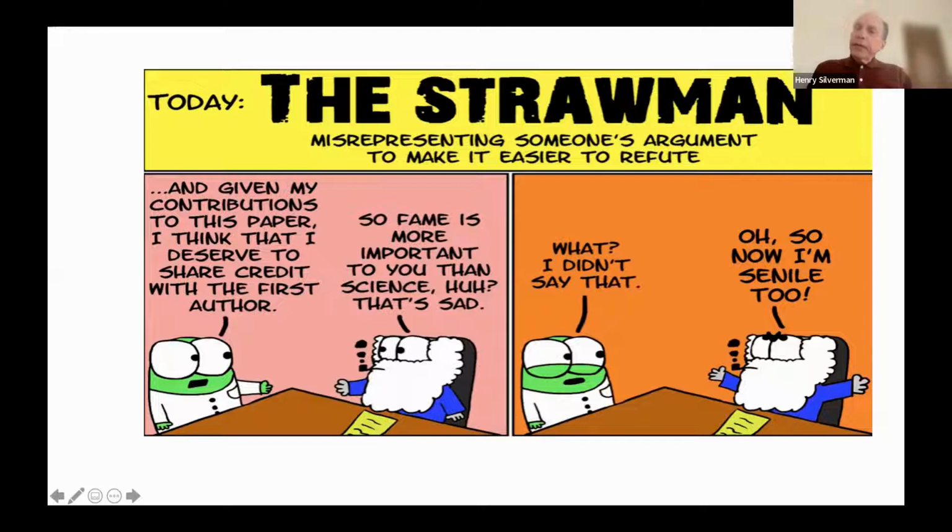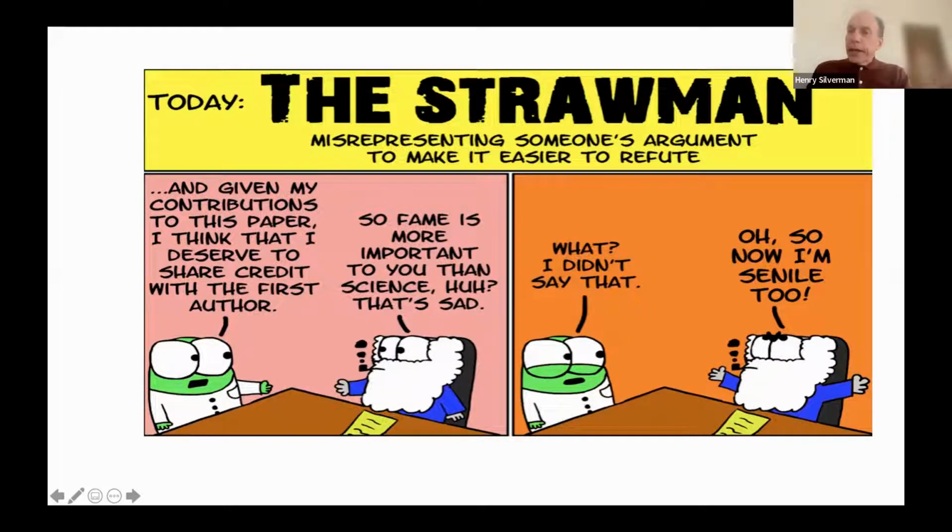So in this case, in this cartoon, the professor is saying, oh, so fame is more important. So it's easier to refute a premise about fame. Fame is not a way to claim that you should be an author. But the student didn't say that.